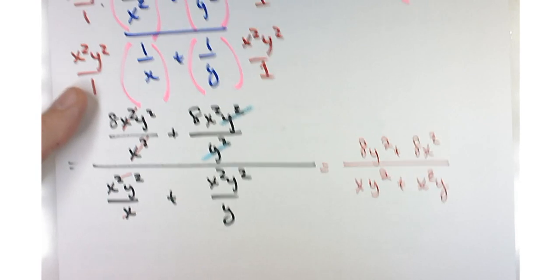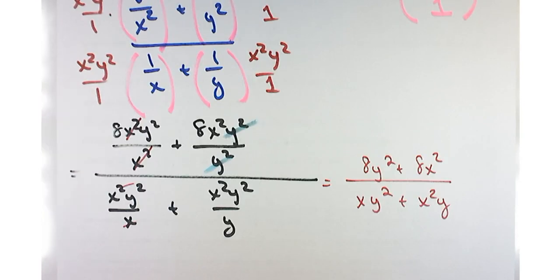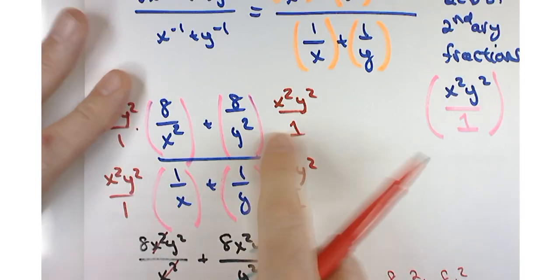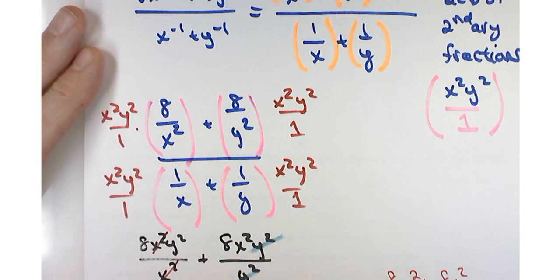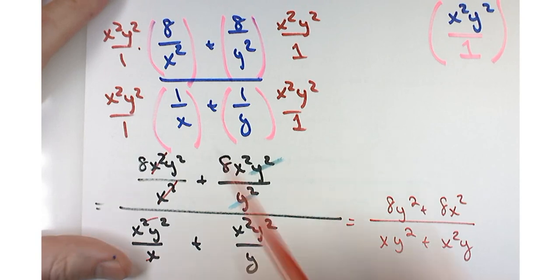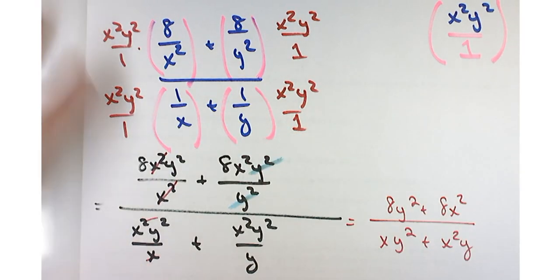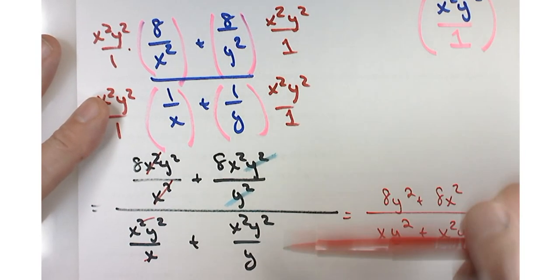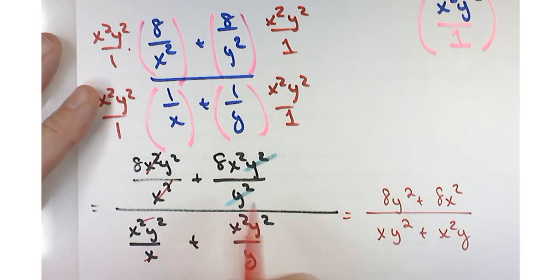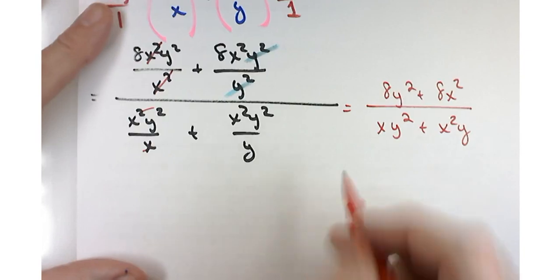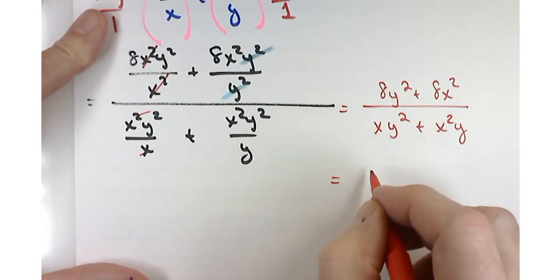So it's just a matter of slowing it down, writing that LCD next to each of your terms, multiply, then cancel. If you want to do the cancellation up here, that's fine, but a lot of you seem to be challenged with this problem, so I took the extra step of writing out that product. Now, you can factor out the 8 from the numerator.